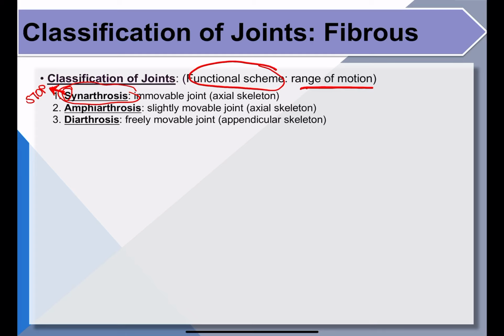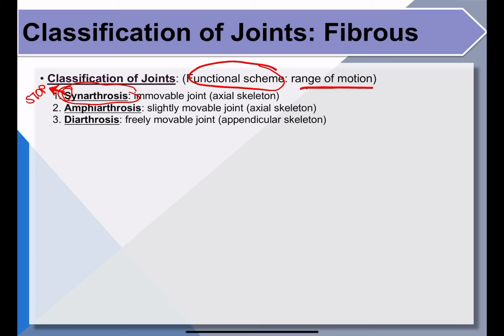Okay, so synarthrosis, to me, the S sounds like stop. So I know that this is something that cannot move. And once it's in there, I'll never forget it once I can relate it to something. And that's the key in anatomy and physiology, when there's so much information and so many medical terminologies coming at you all at the same time.